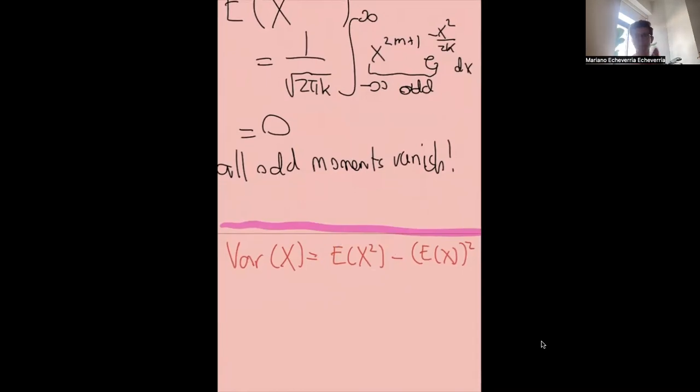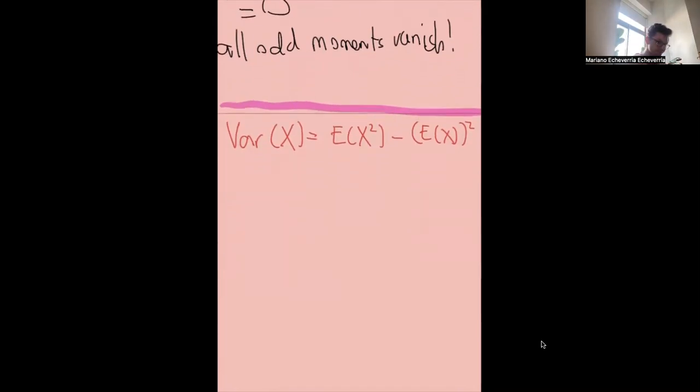So the variance for these symmetric Gaussians is just the second moment. So many silly terminologies. Once you have E of x squared, you have the variance. So let's just try to find that.